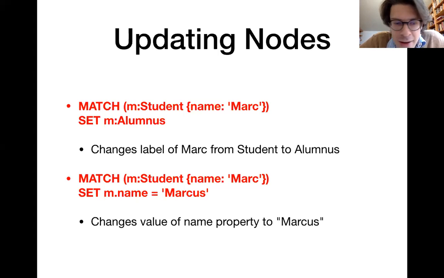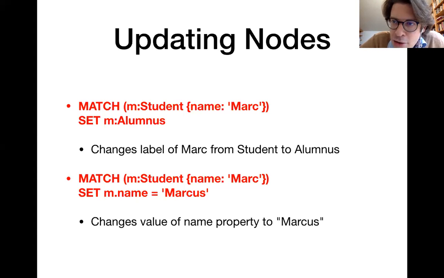Also, maybe there was a name change, or I got the name wrong the first time, so I might want to adapt the name property. So the second command searches again for that same student and now sets the name property, which you write with the variable name, dot, and then the name of the property.